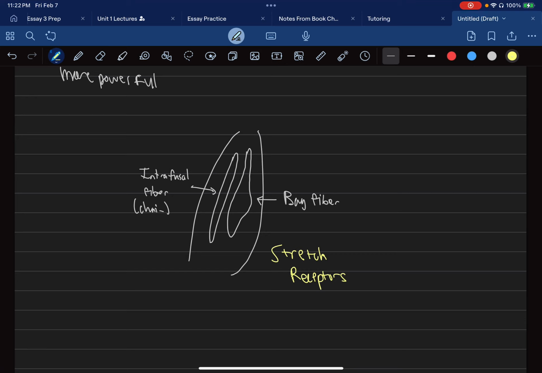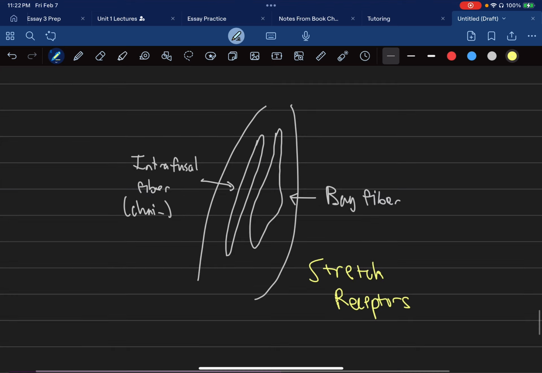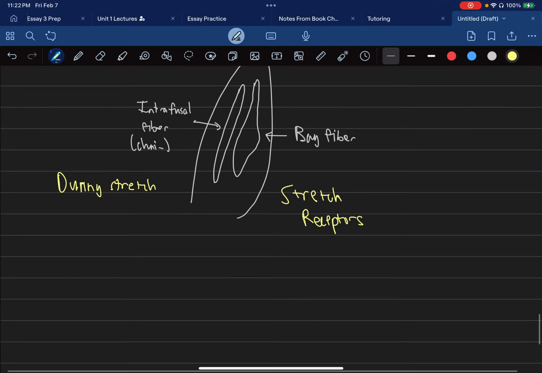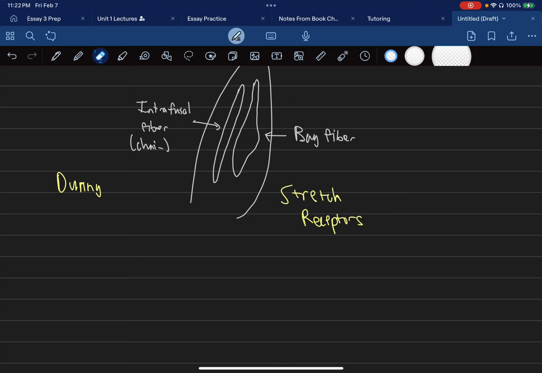So, for example, with intrafusal fibers, you're going to be feeling a lot of sensitivity from the intrafusal during stretching. So, intrafusal is during change in stretch.